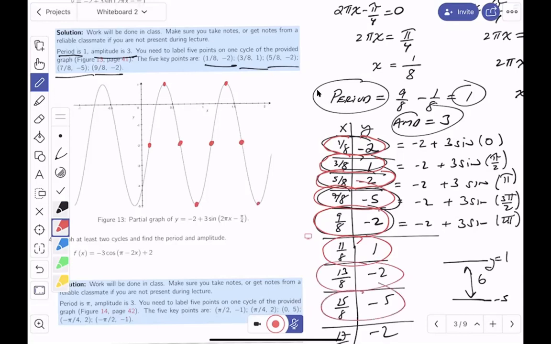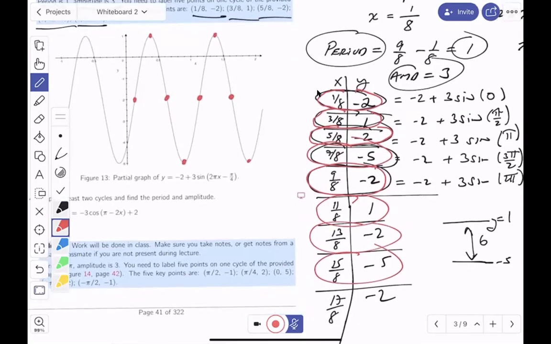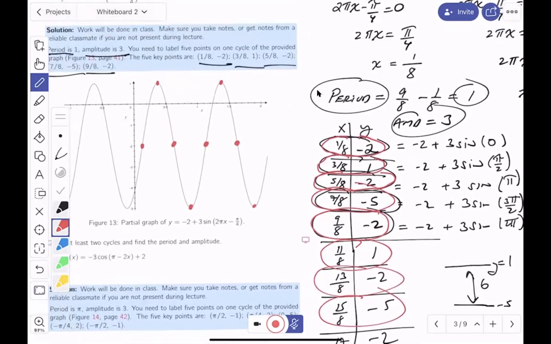And last but not least, I'll put the next one down. It's not in the picture. 17/8, minus 2, which is right over here. All right, let me just finish that curve out. Did I draw 2 cycles down? I'll point out the 2 cycles I did draw down. I drew these 2 cycles down here. 1 cycle.